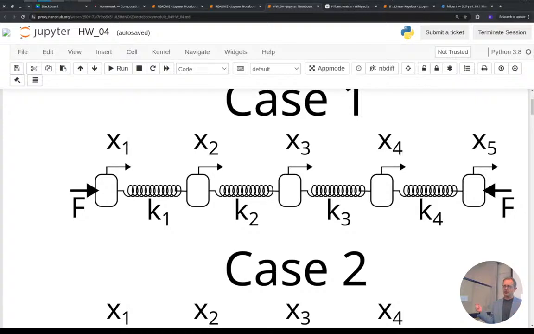Or it could be that x1 was held fixed and x5 moved towards it. So there's an infinite number of ways to satisfy these equations, because one of the equations that I'm solving is that a positive f is equal to negative f. But we already knew that. It's f minus f equals 0, but we already knew that.